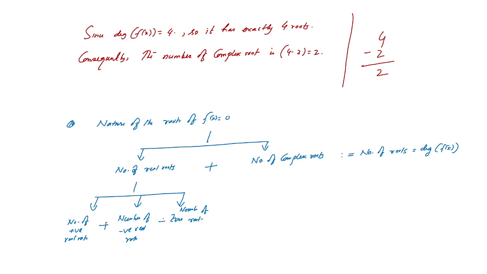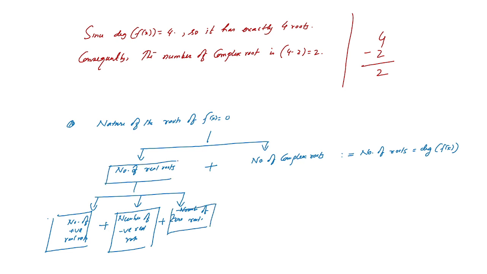That sum will give you the number of real roots. So the nature of the roots means determining how many real roots exist and how many complex roots exist. This comes under the nature of the roots.